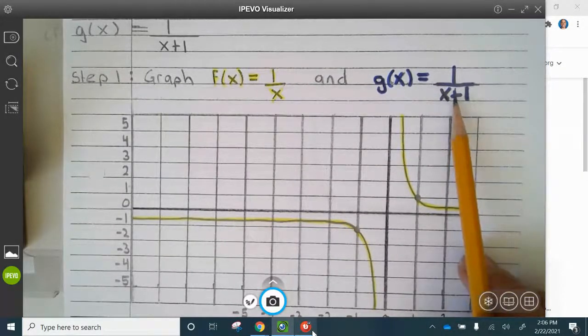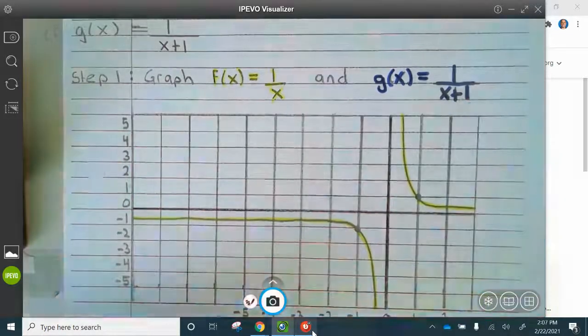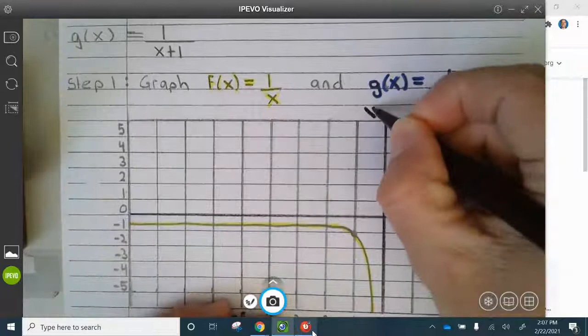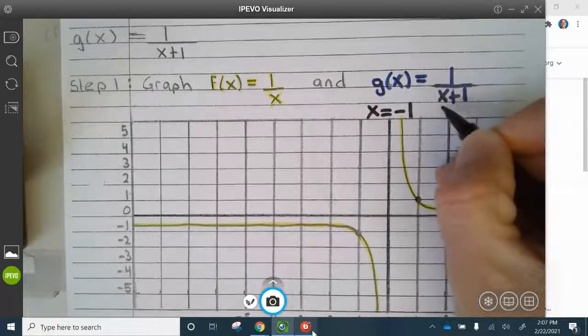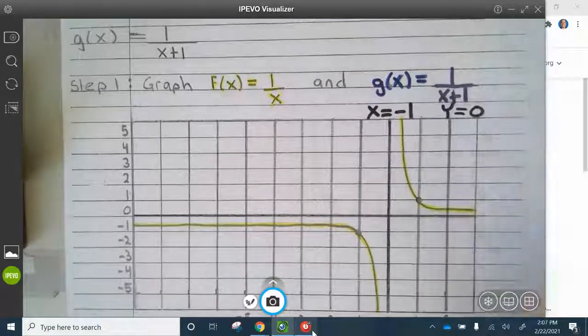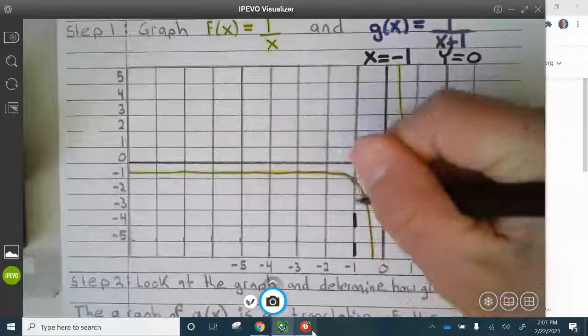Okay, well, the answer to that is -1. So, x equals -1 is your vertical asymptote, and then there is no plus value, so it's plus 0, so y equals 0. Okay, so now let's graph our asymptotes. So, -1, okay, and y equals 0.